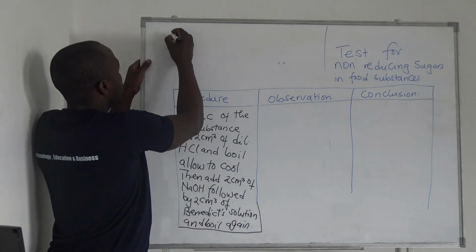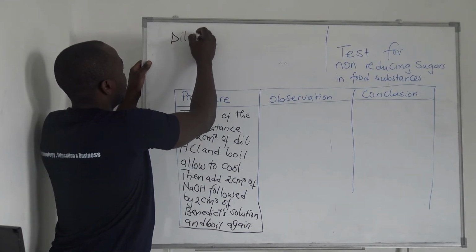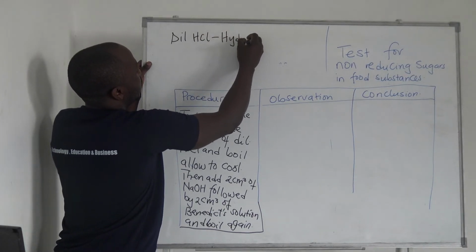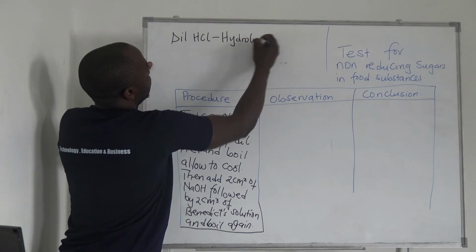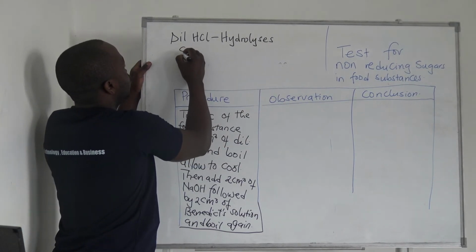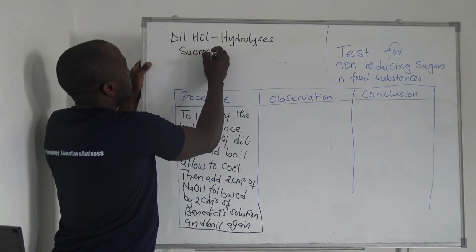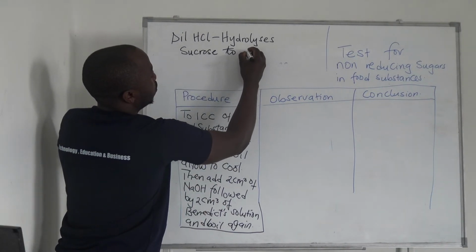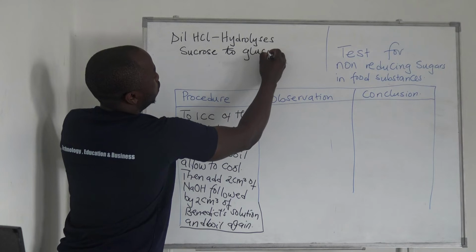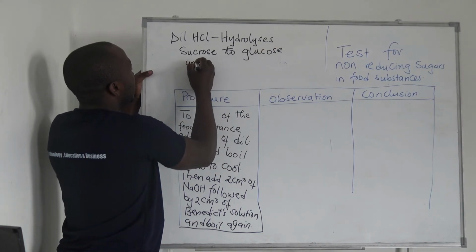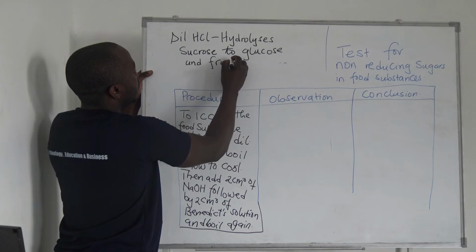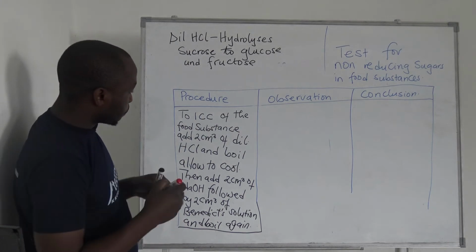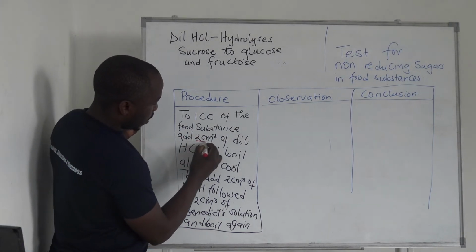Dilute hydrochloric acid hydrolyzes, let's say sucrose, to its constituents, that means to glucose and fructose. That's why we are adding dilute hydrochloric acid.